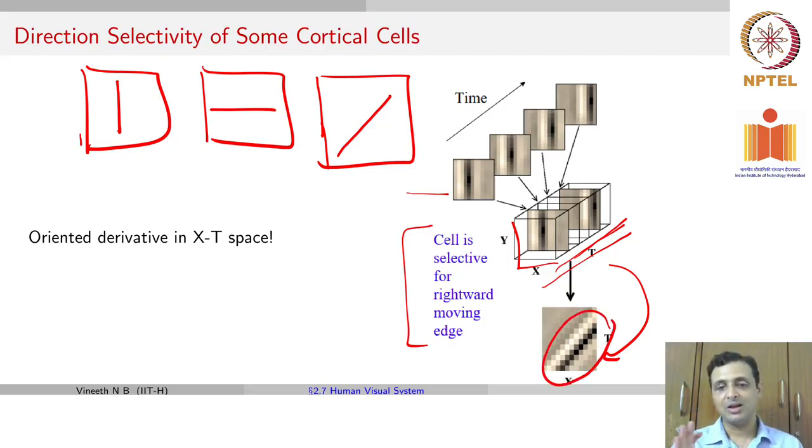Here t comes from the movement in one direction, and x edge is the edge that it actually is. Remember, this is a vertical edge, so you're going to have change along the x direction, and you'll have change along the t direction because it's also a moving edge. So an oriented derivative need not be just in xy space, which is what we've seen so far, but it can be in xt space, yt space, and so on. So remember that the concept of an oriented edge detector is very different in the human visual system because of the concept of time.